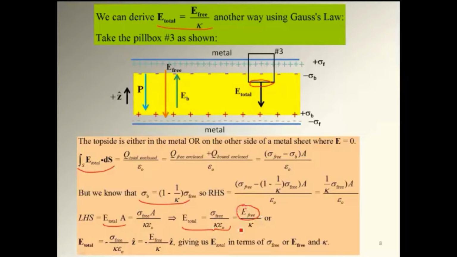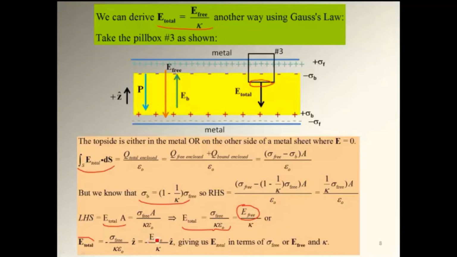If we divide by kappa and then put it into vector form, then the vector corresponding to the internal E field inside the dielectric is equal to minus sigma free over kappa epsilon naught times z hat. E total is in the same direction as E free.